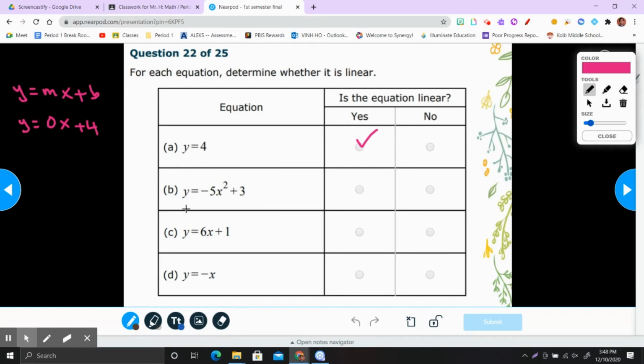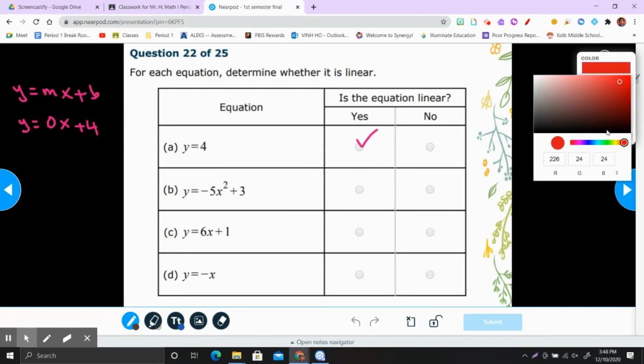Now, y equals negative 5x squared plus 3 is not a linear equation because of the power. A linear equation has the power of 1, which we never mention because it's obvious, x is x to the first power. So this is a no. And as a matter of fact, if you graph this, you would get a parabola. In this case, it's a negative parabola, but that is your Math 2. You're going to focus on that later on.